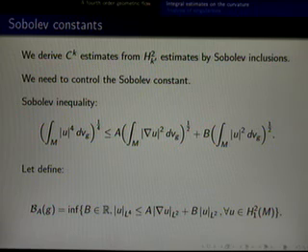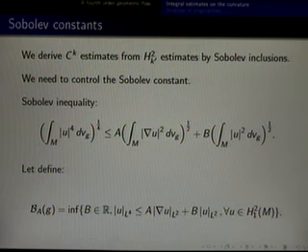If you look at this inequality, you know that there exists some B such that this inequality will be true as soon as A is taken large enough. So if you take a good A for a compact manifold, you know that there exists some B such that the inequality holds.